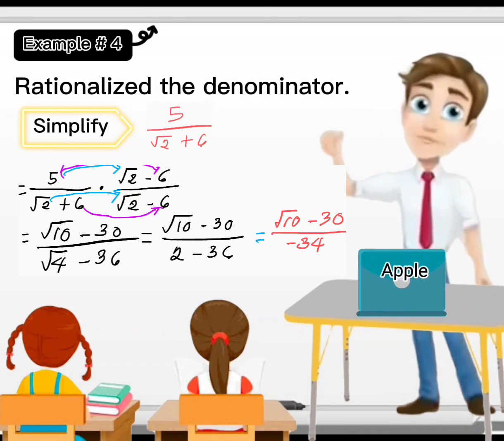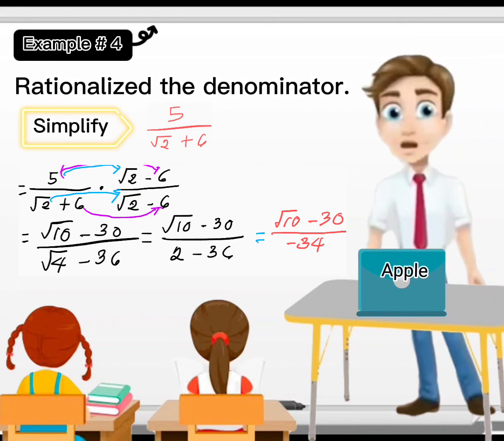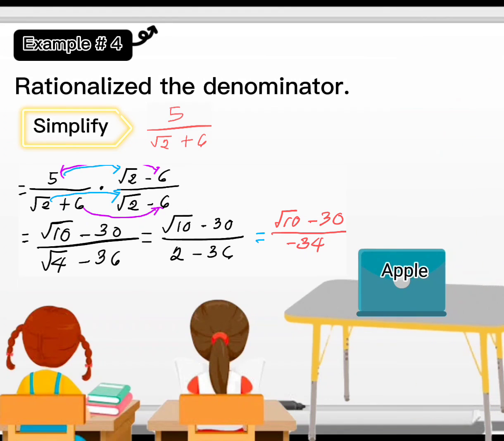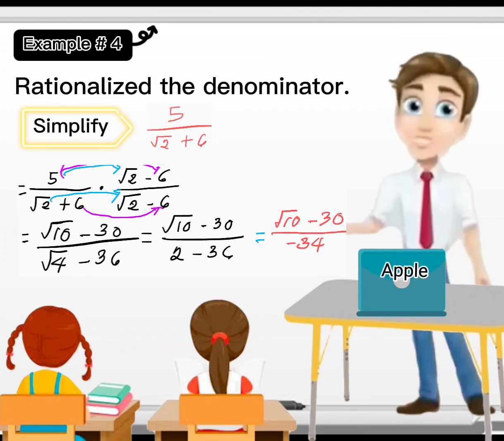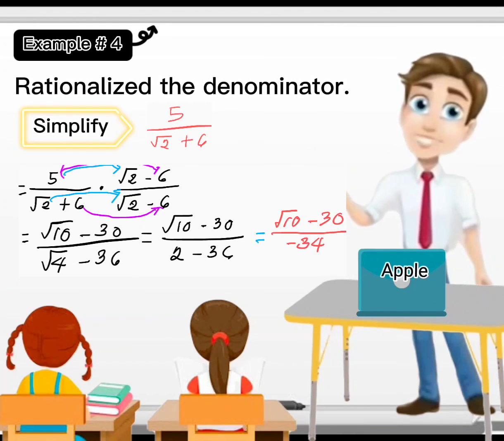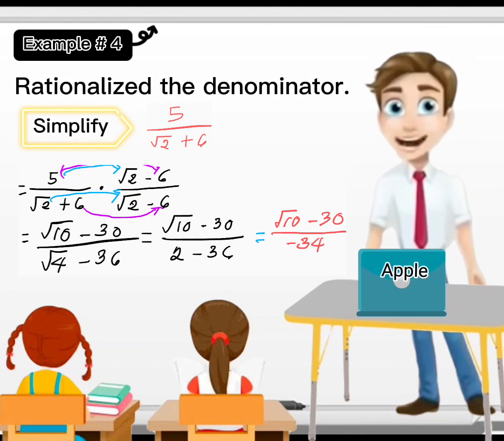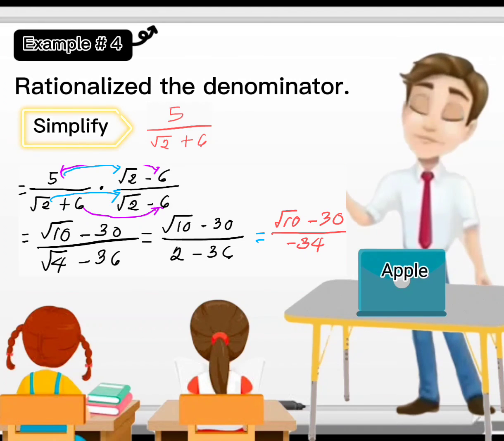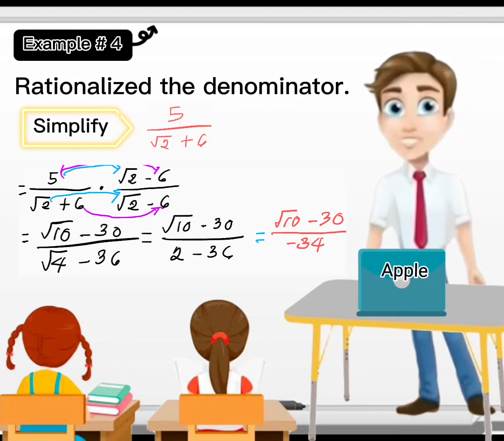So that is equivalent to square root of 10 minus square root of 30 all over 2 minus 6. And then getting the difference in the denominator, we have negative 4. So therefore, the final answer is square root of 10 minus square root of 30 all over negative 4.